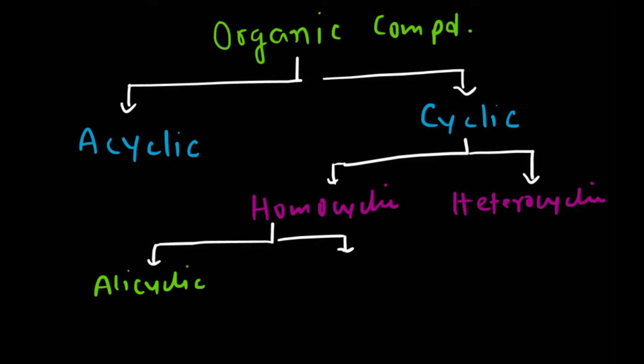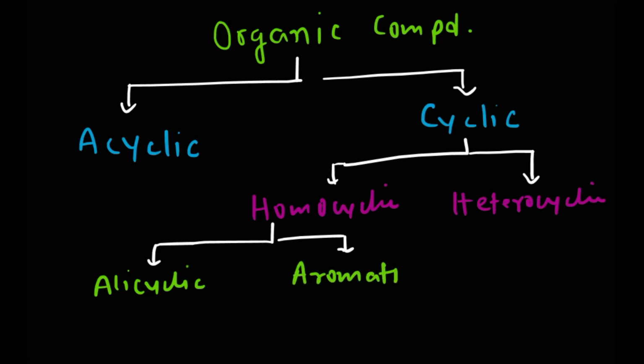For an aromatic compound, it should follow the 4n plus 2 Huckel number of electrons, it should be planar, it should be cyclic, and generally there should be delocalization in the ring. So homocyclic can be divided into alicyclic and the next part, aromatic, a very important part.